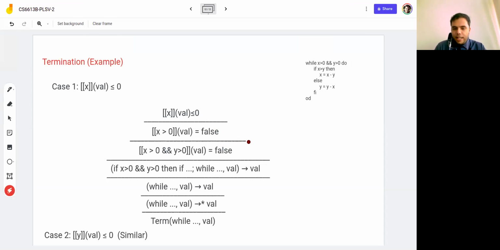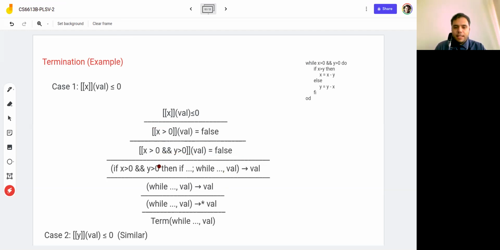Yes, it's the Boolean AND rule, but it's actually the short circuit version, right? Because we are only looking at the first component. And from that, we get this.